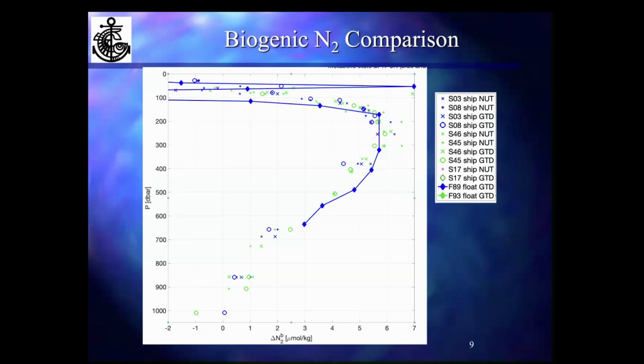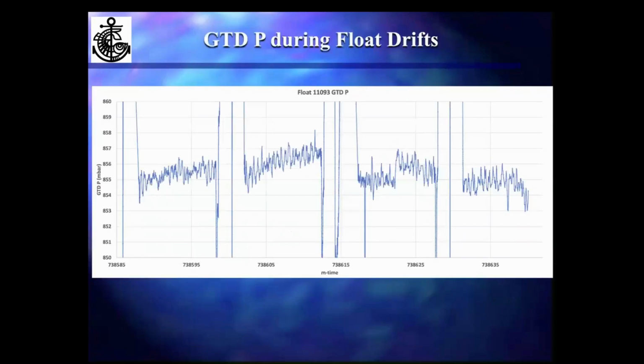The other thing I wanted to look at was how we're doing with our original goal of looking at the rate of denitrification from the GTD during a drift. What I've done here is I've not converted the GTD pressure to biogenic nitrogen at this point yet. But the only thing that should be influencing the pressure along a drift is, in principle, denitrification, and that is on the scale of millibars.